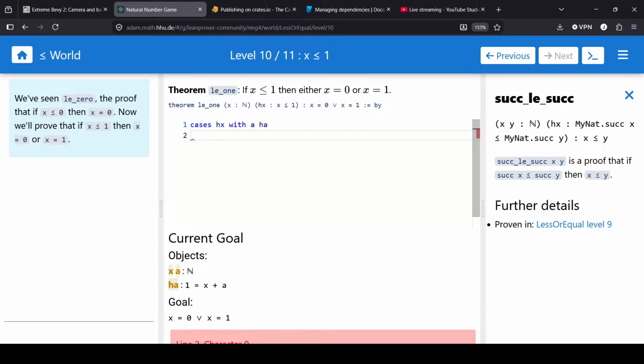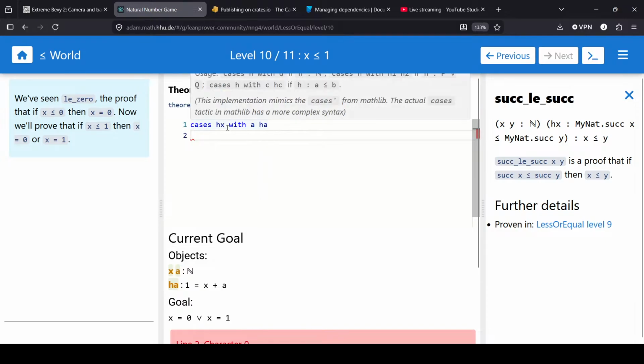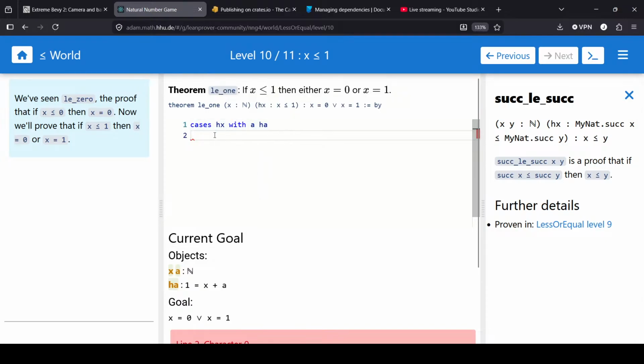Okay, so we have 1 equals x plus a. I'm wondering when this will become useful then. Or was it immediately useful somehow? What was this again? Succ le succ. It was if we have a successor on both sides, then we can strip the successors from both sides, which makes sense. So when is that going to happen, though?